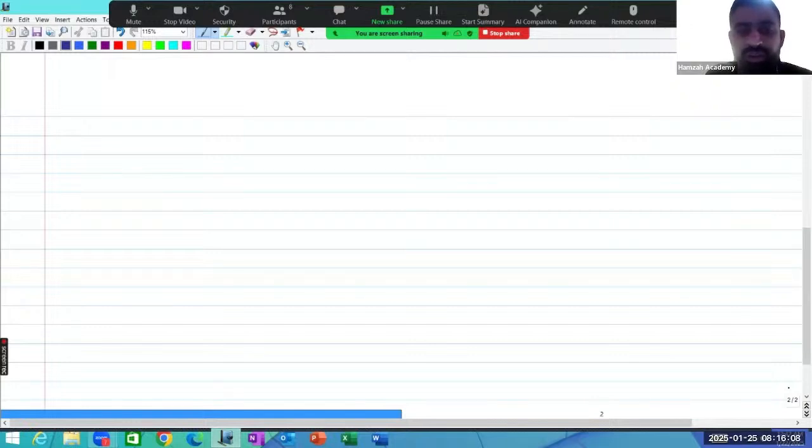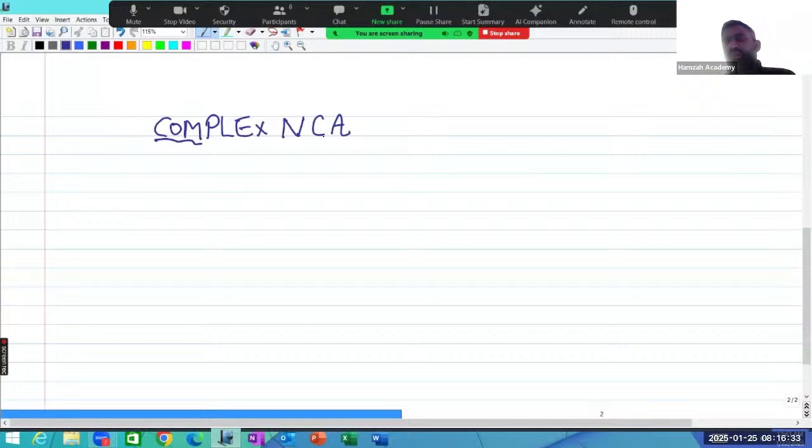Now, after that, the next issue is complex non-current assets. If I give you an example of a complex asset, then you will understand it better.